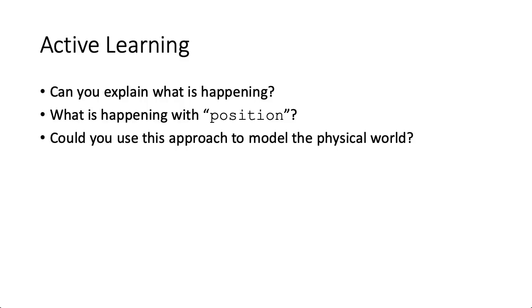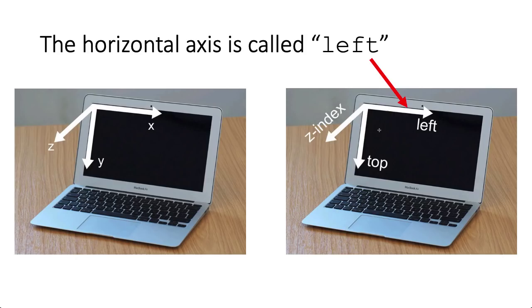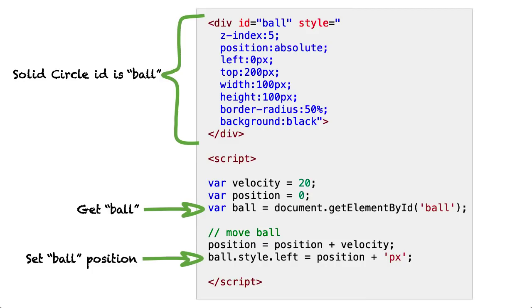Next, we're going to apply some of these concepts to the shapes that we define within the browser coordinate system. To remind you, left is the horizontal axis, top is the vertical axis, and z-index would be z. What you're looking at here is the definition of a page that brings together two concepts.